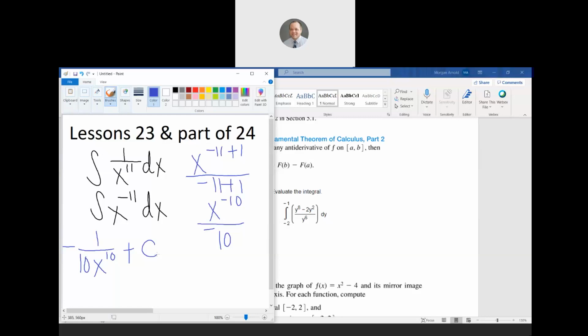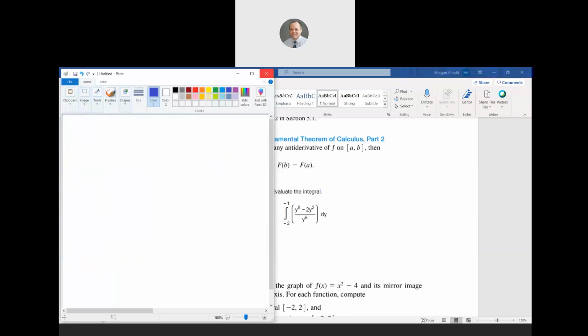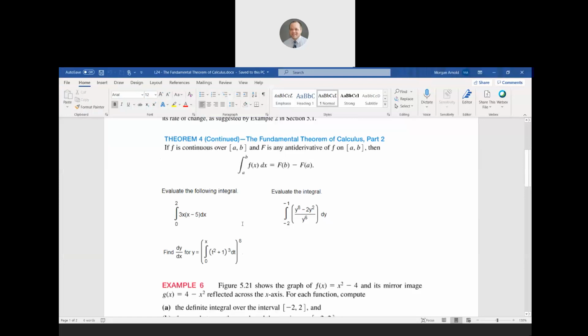Let's look at some definite integrals in which we have to plug in values.